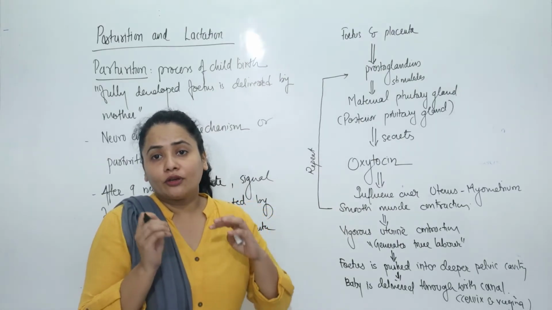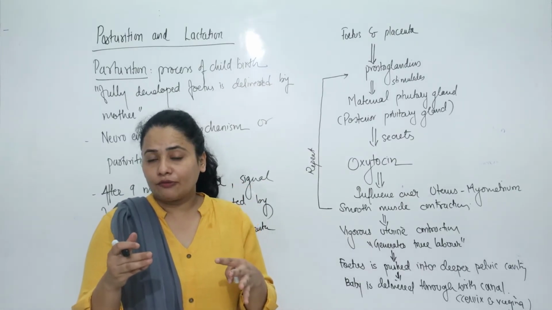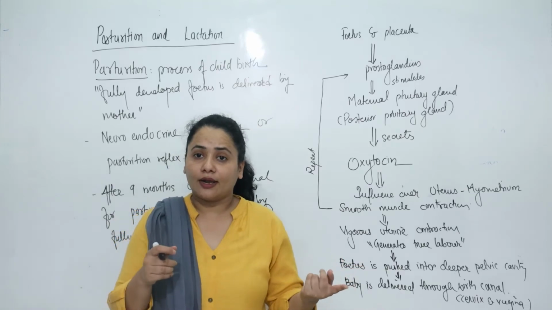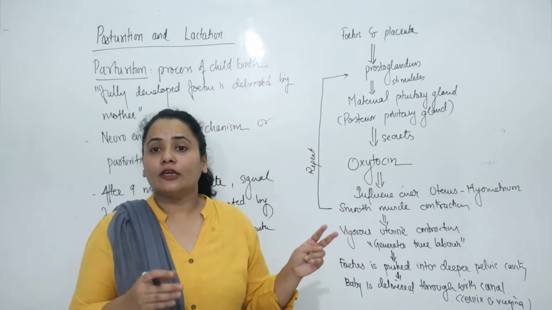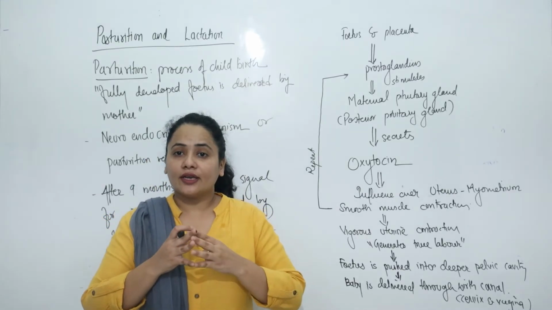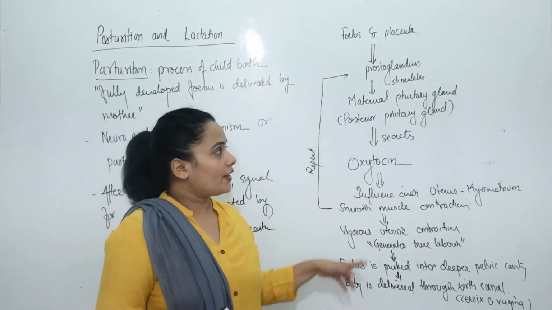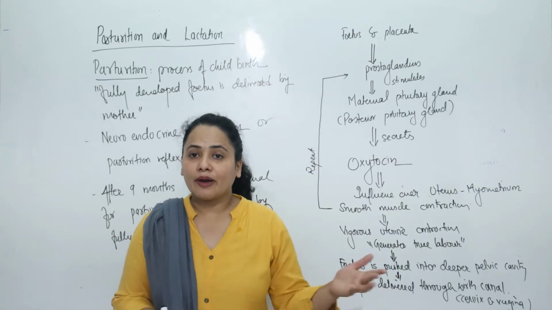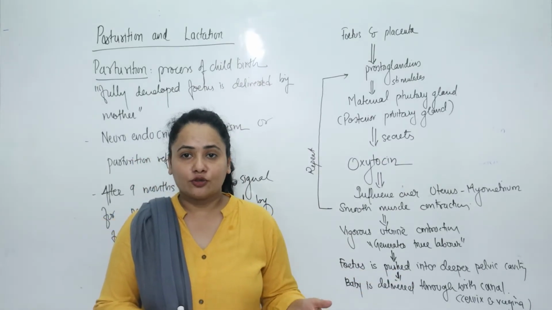So at that point the cervix has to be relaxed. Who performs that function? We have seen in the previous topic that the placenta will secrete a hormone called relaxin, and it will keep the opening of the uterus, that is the cervix, relaxed so that the area doesn't get torn. So this is how the baby is delivered, and this is what you can also call the parturition reflex or the neuroendocrine mechanism for parturition.